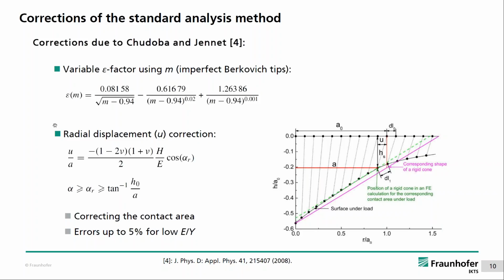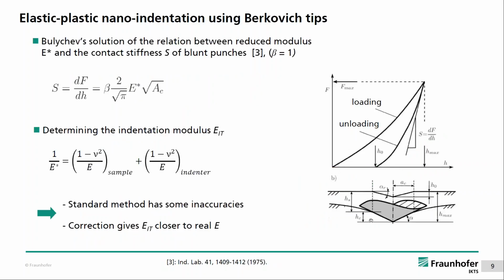And there's also a correction of the radial displacement, because for very elastic dominated materials, you get a lateral movement of the material. And the standard treatment assumes that the contact area under full load and after the loading is the same.